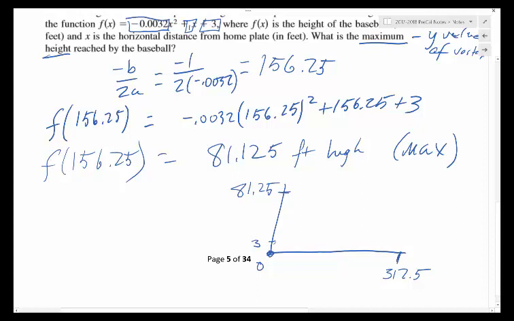So what your baseball does is it basically goes same amount like this, and then after that continues to hit. Okay, that's what your baseball does. The maximum that it hits here, the max, is at 156.25 feet. After it leaves home plate, it reaches a height of 81.25 feet.